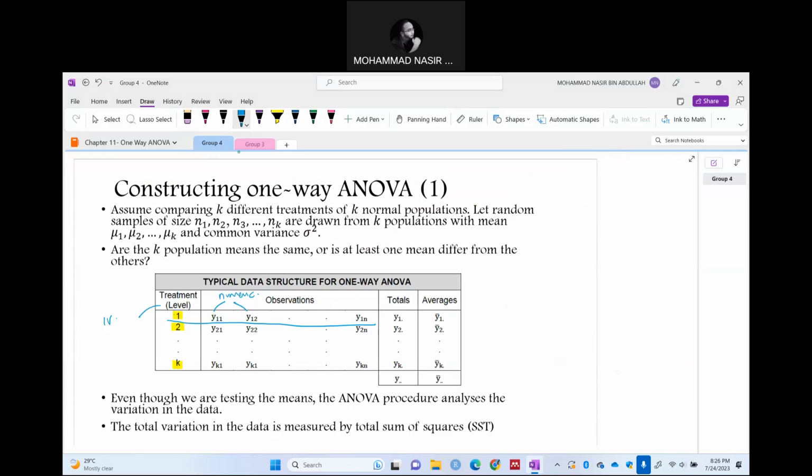So we need to find the total for each treatment, for each group. We need to find the total, and we need to find the average of each treatment.